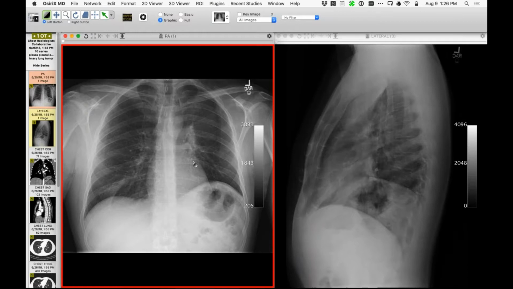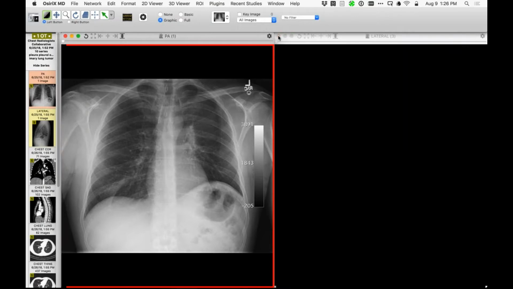It's not a normal hilum. The hilum is elevated. There's ill-defined opacity. The diaphragm is up. On the lateral projection, one can see the anteriorly displaced major fissure with opacity anterior to it. So really nice findings of obstructive left upper lobe atelectasis.